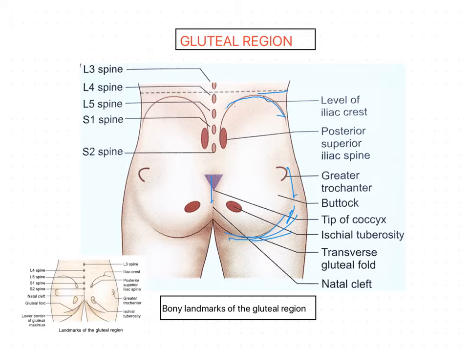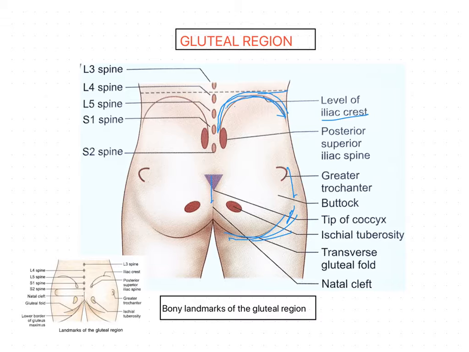Now we will move on to the surface landmarks. In the surface landmarks, we can find the iliac crest, the whole length including the anterior superior iliac spine, the tubercle of the iliac crest and the posterior superior iliac spine.